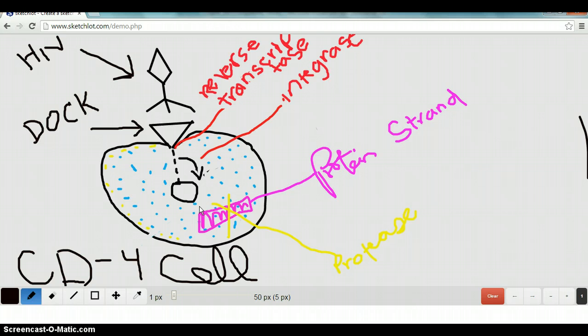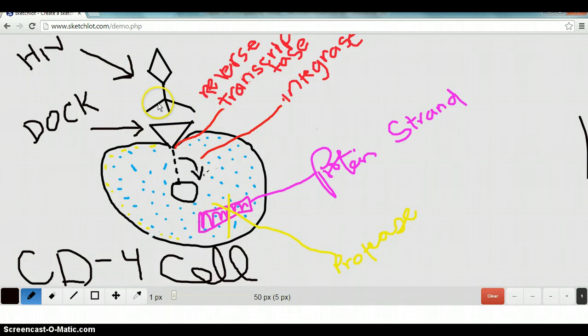Okay, so I'm going to explain to you how HIV infects a cell. Based on you understanding how HIV infects a cell, you will be able to understand how the drugs work, why they prescribe drugs, why there are cocktails of drugs, etc.